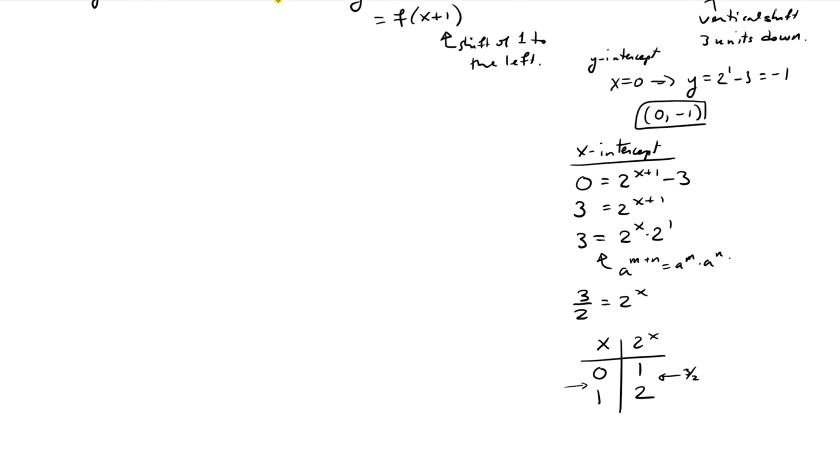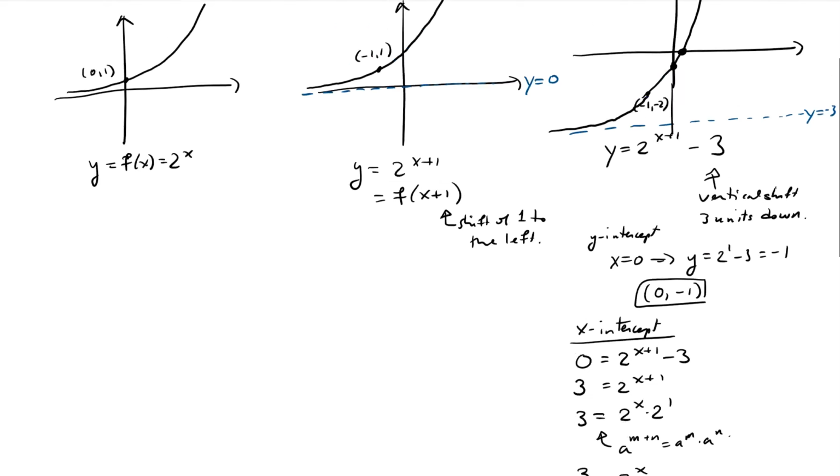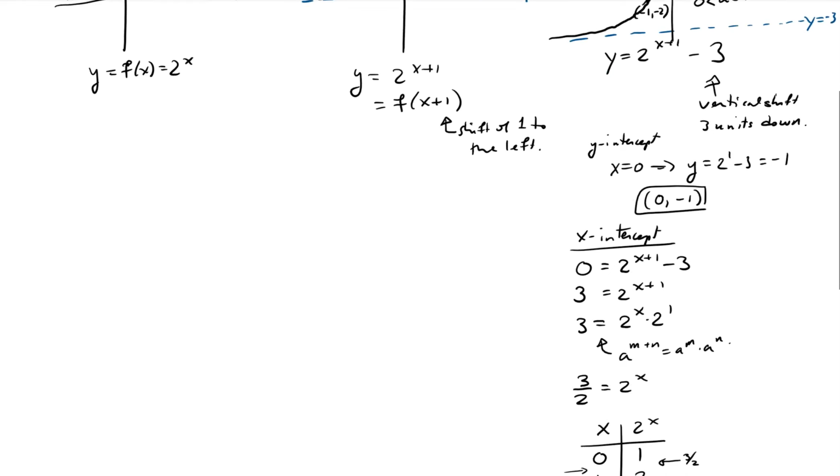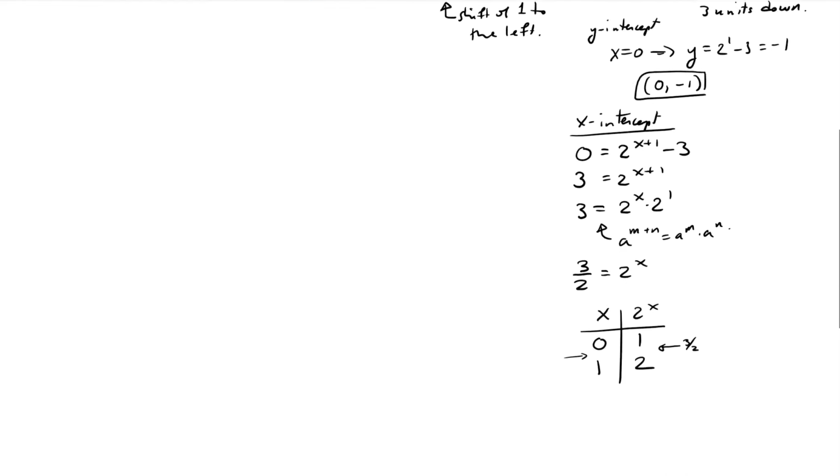So we know that this intercept, let's say it's a0, a is going to be between 0 and 1. Okay, that's pretty much all we know right now. So we're going to find, pretty soon, what the value of x is.